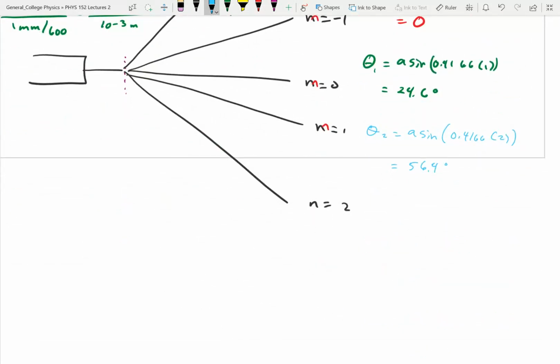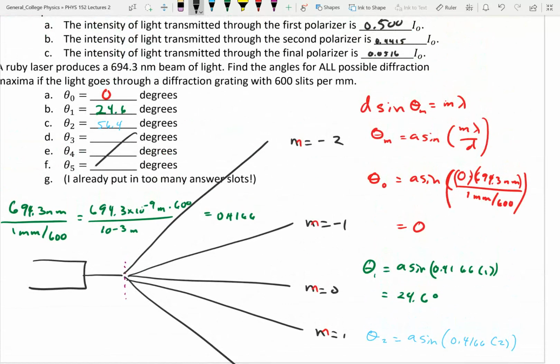And then going to m equals 3. And now we have an oops moment, because 3 times 0.4166 is bigger than 1. But sine can't go anywhere beyond -1 to +1, so this doesn't exist. And once we get to doesn't exist, we don't need to go further.